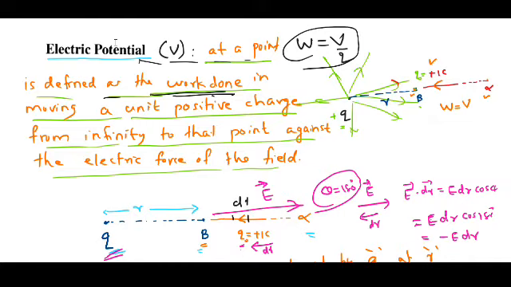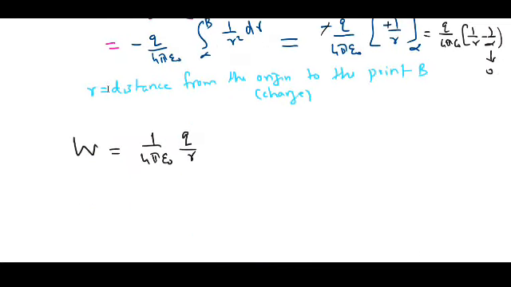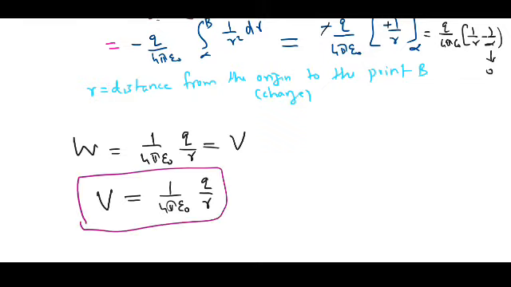Since we are bringing a charge of 1 coulomb, the work is nothing but the potential. This is nothing but V. The electric potential due to a point charge Q at a distance R is given by 1 by 4 pi epsilon 0 Q by R. This is the expression for the electric potential.